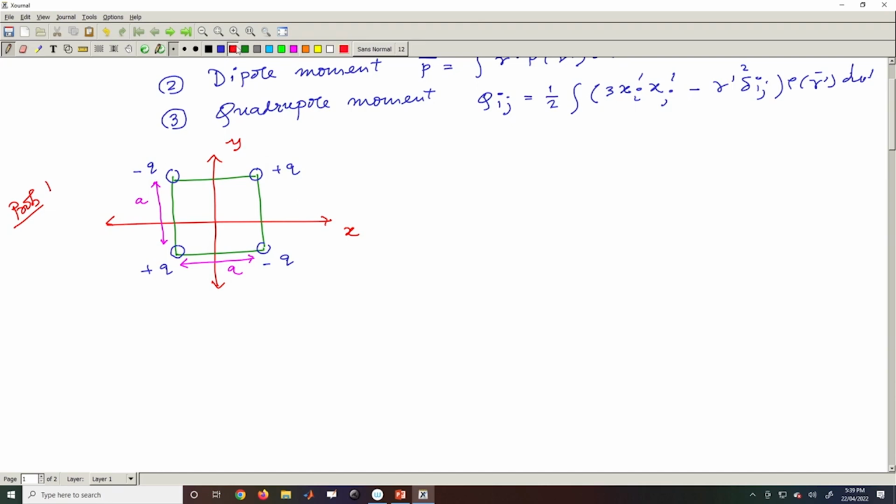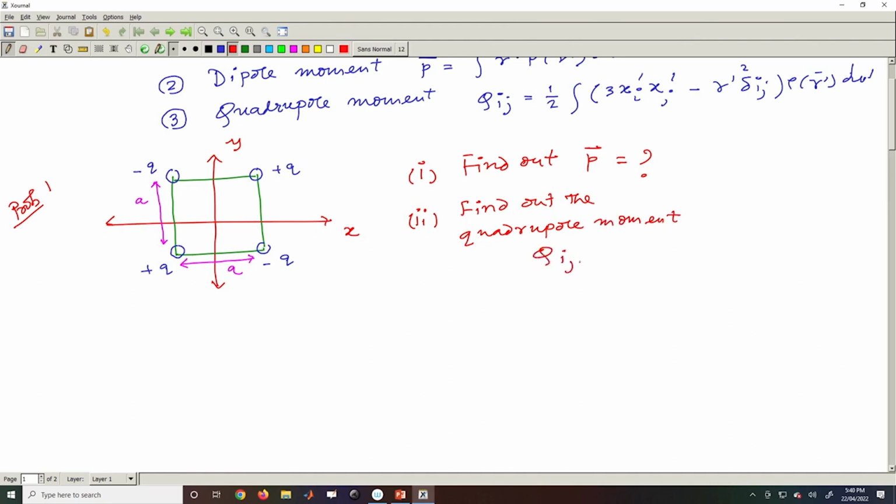And the problem is, one, find out the dipole moment P. Second, find out the quadrupole moment. That means I need to find out all the components of Q i j.